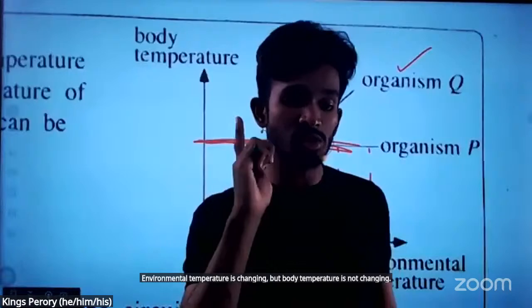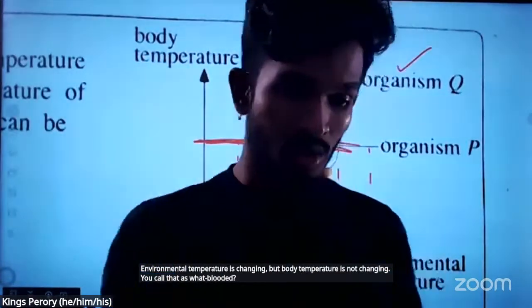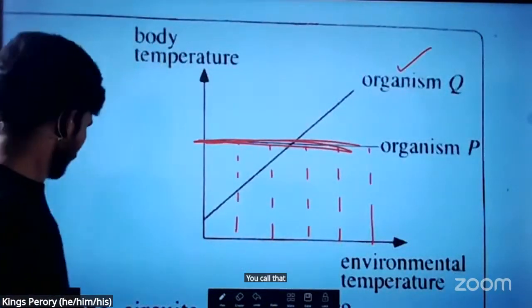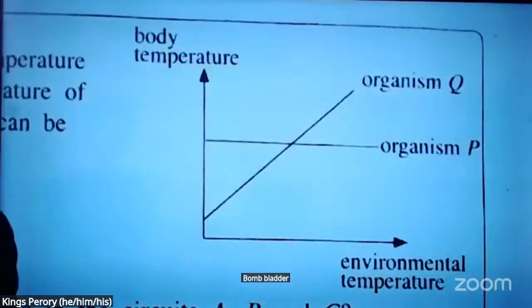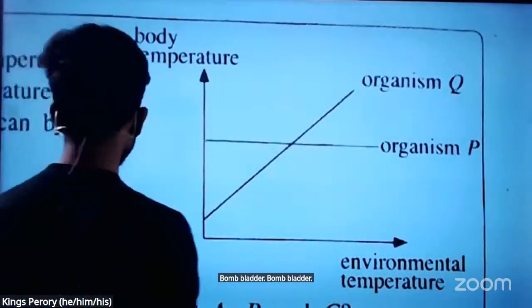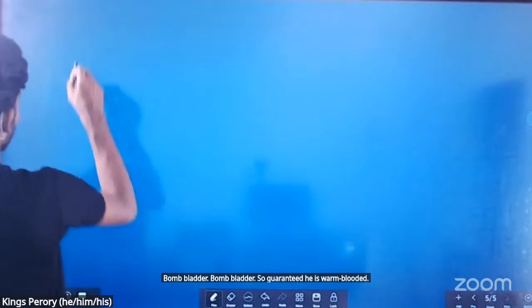You call that what-blooded? Constant body temperature. Warm-blooded. So guaranteed P is warm-blooded.